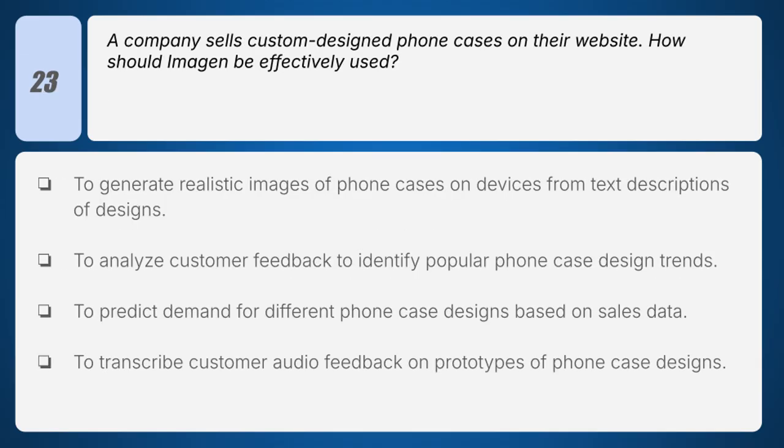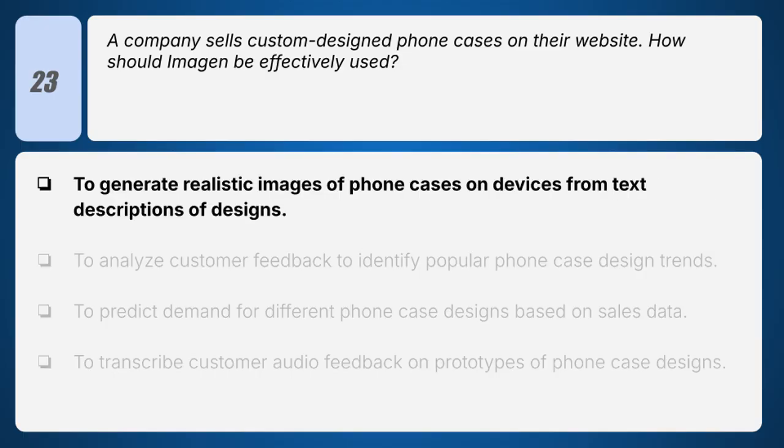A company sells custom-designed phone cases on their website. How should Imagen be effectively used? A. To generate realistic images of phone cases on devices from text descriptions of designs. B. To analyze customer feedback to identify popular phone case design trends. C. To predict demand for different phone case designs based on sales data. D. To transcribe customer audio feedback on prototypes of phone case designs.